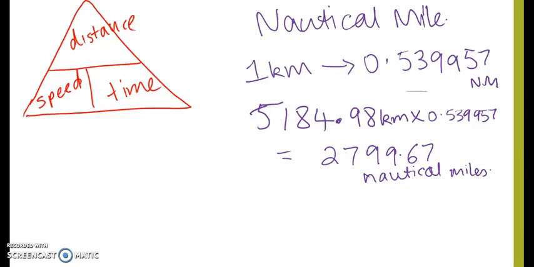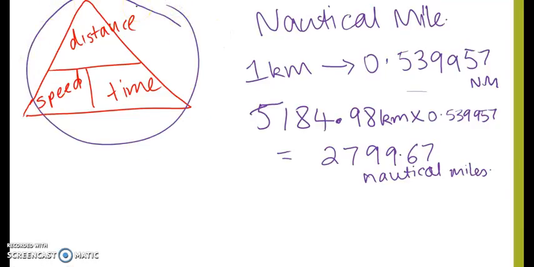Now, this triangle here shows the relationship between speed, distance, and time. You should be familiar with this triangle system by now. We know that speed is equal to distance divided by time. If we want to know what distance is, distance equals speed multiplied by time. If we want to know what time is equal to, time is distance divided by speed.